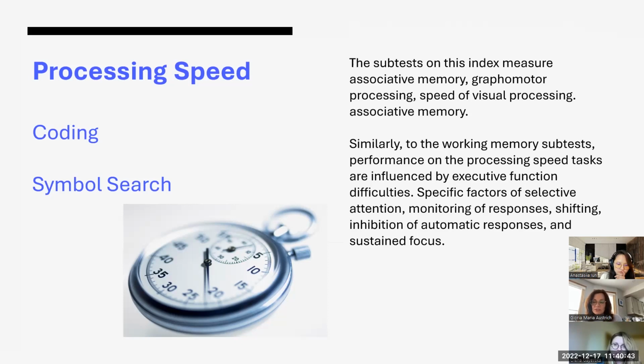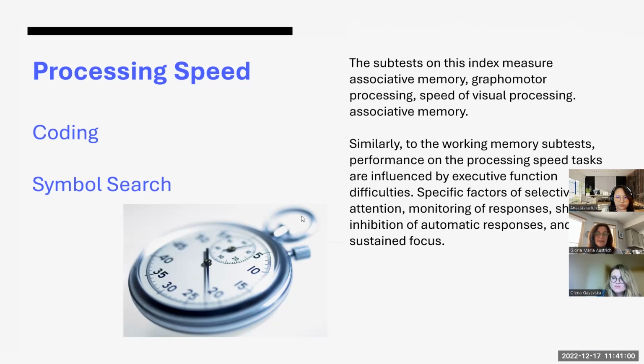So in coding, the student is presented with a row of boxes on the top of the page. On the top of the box, there is a number. On the bottom of the box, there is a figure or a symbol. Each number is from 1 through 9, and each number has a different symbol. Underneath that, there are boxes in rows, and the numbers are on top of the box, but the symbol is missing.